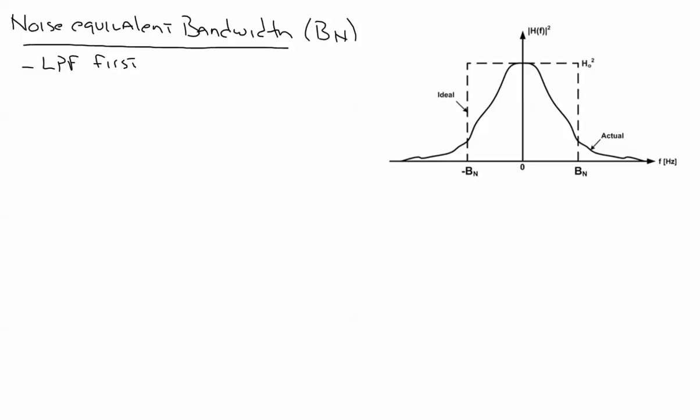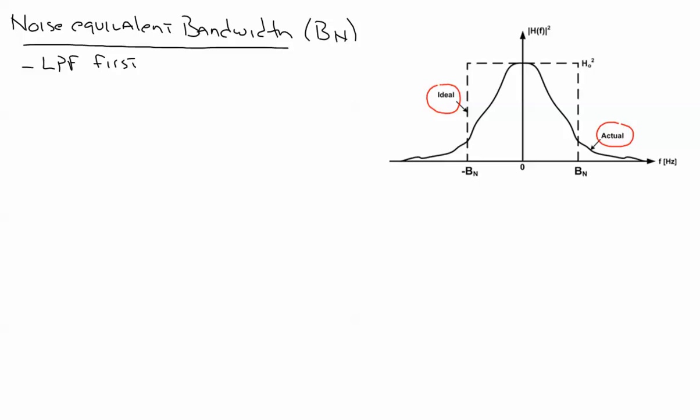And over in the upper right hand corner of the screen we see a low pass filter. This is just something I sketched. The actual filter is represented by the solid line, and the equivalent ideal filter is shown by the dashed line.